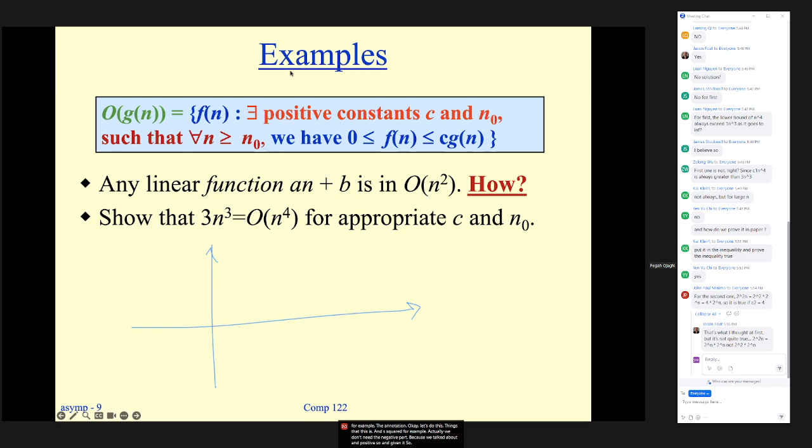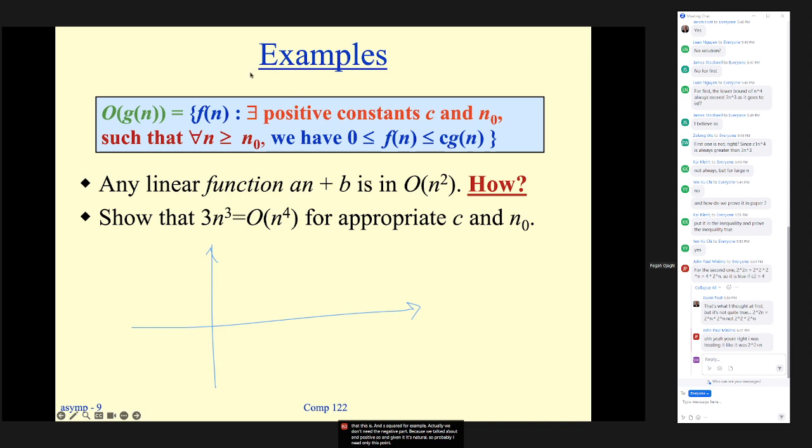So probably I need only this part. Oh, what happened? Let's see. It doesn't work. Okay, we do have this one.